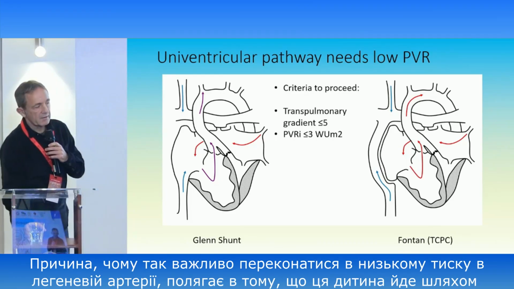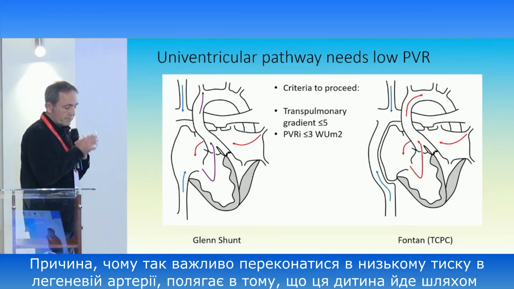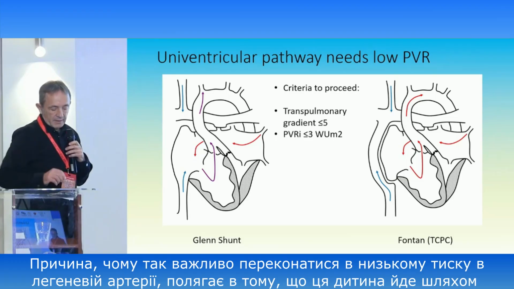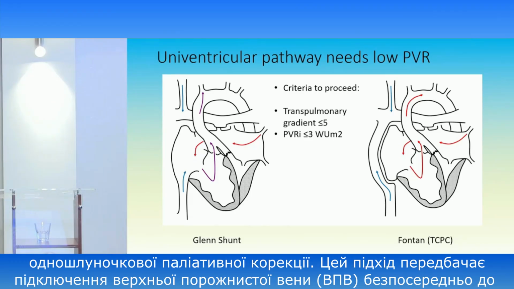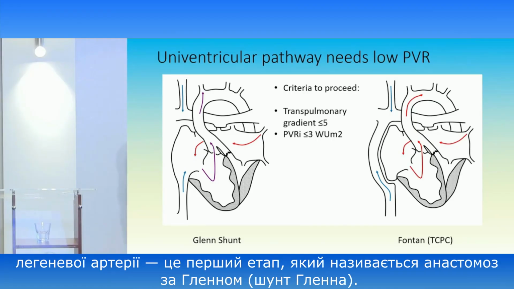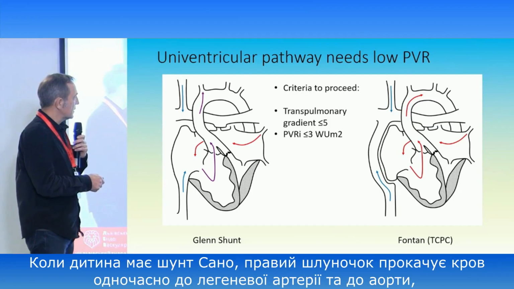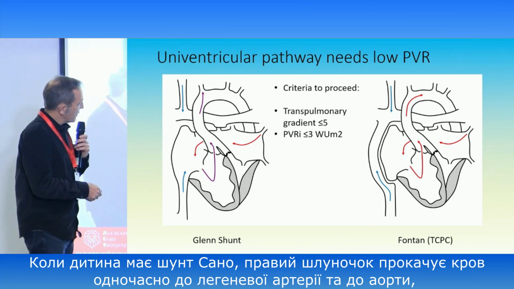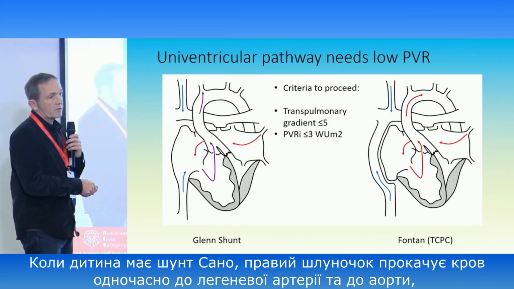Now, the reason it's so important to know the pulmonary artery pressures are low is that this child is going to go down a single ventricle pathway. A single ventricle pathway involves connecting the SVC up to the pulmonary artery as a first stage. And this is called a Glenn shunt. When a child has a Sano shunt, the right ventricle is pumping blood to both the pulmonary artery and to the aorta.